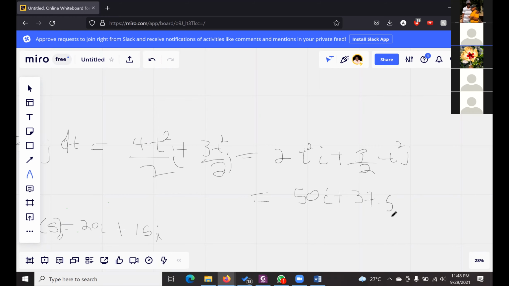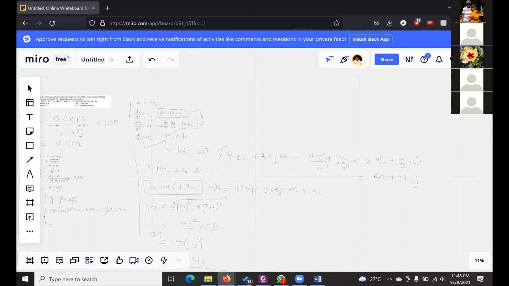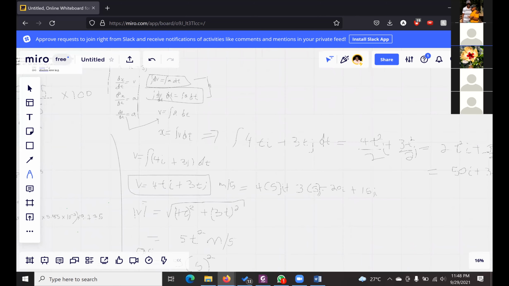You could have also used the s equals ut plus half at squared formula. However, based on the question, I wanted you to know that you're supposed to integrate again.